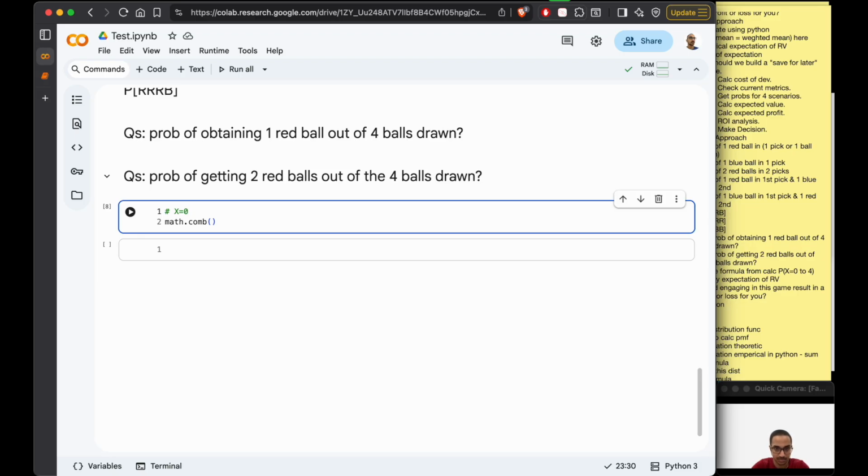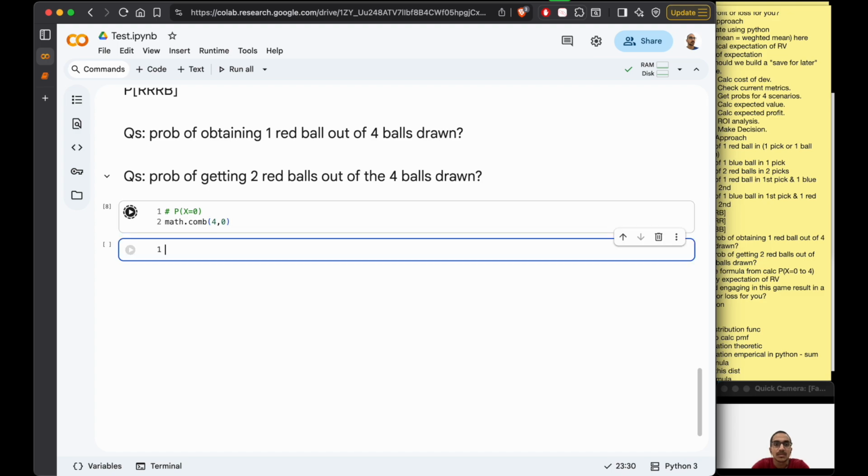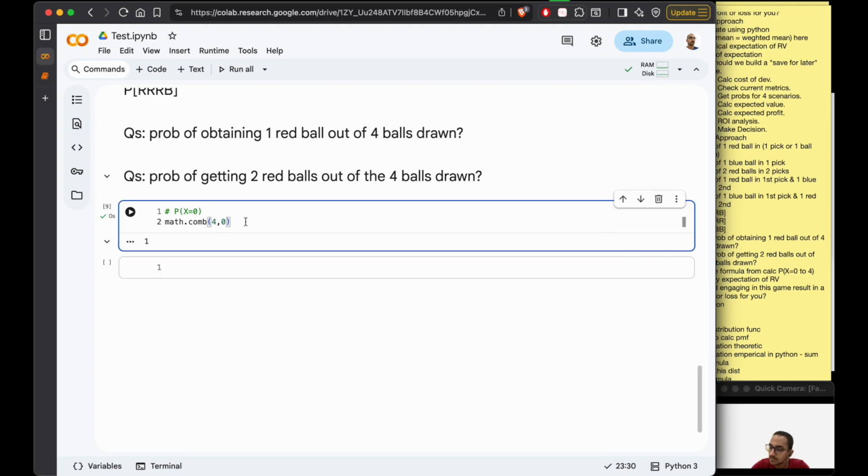So we are doing it for P of X equal to 0. We do it for n and k. Let's see what it gives. 4C0 is 1. Okay, 4 by 0, fine.